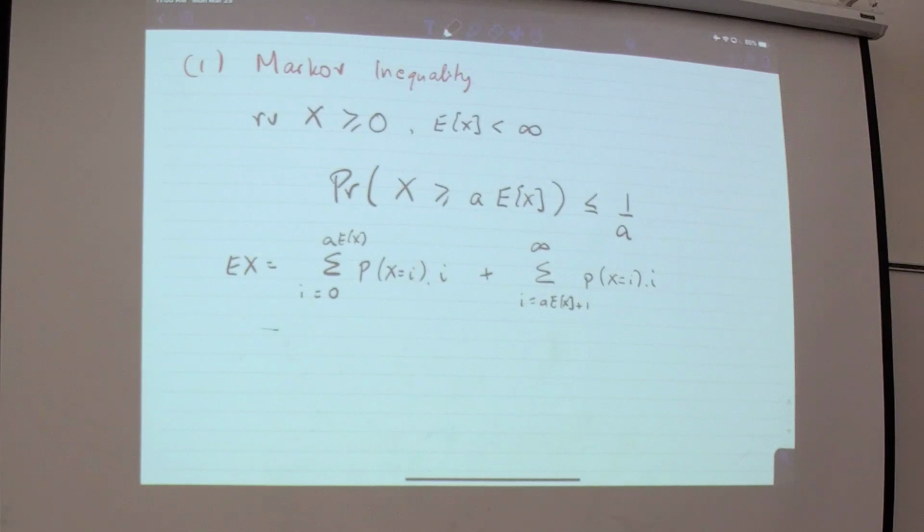if you look at the second term of the summation, all those numbers there are more than a times E of x.